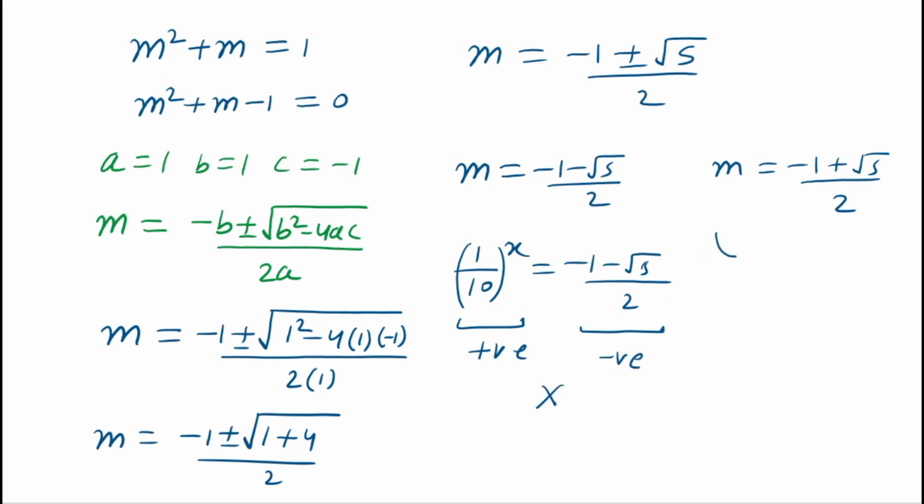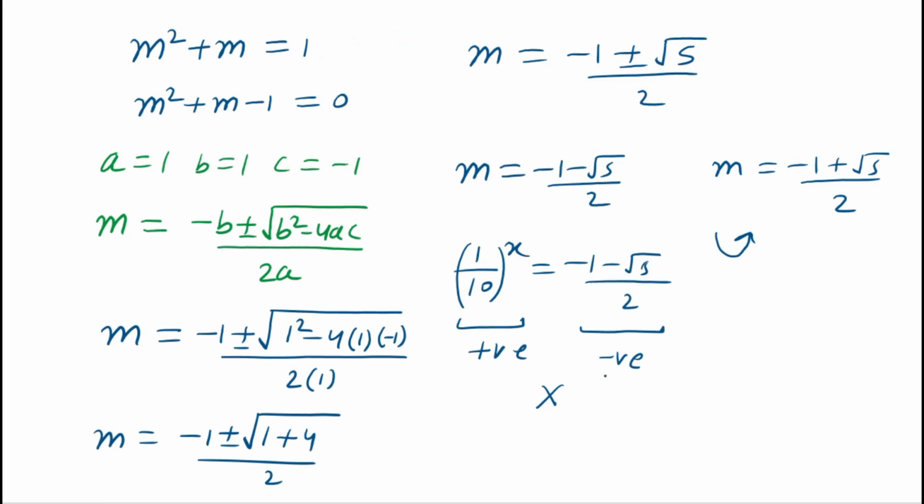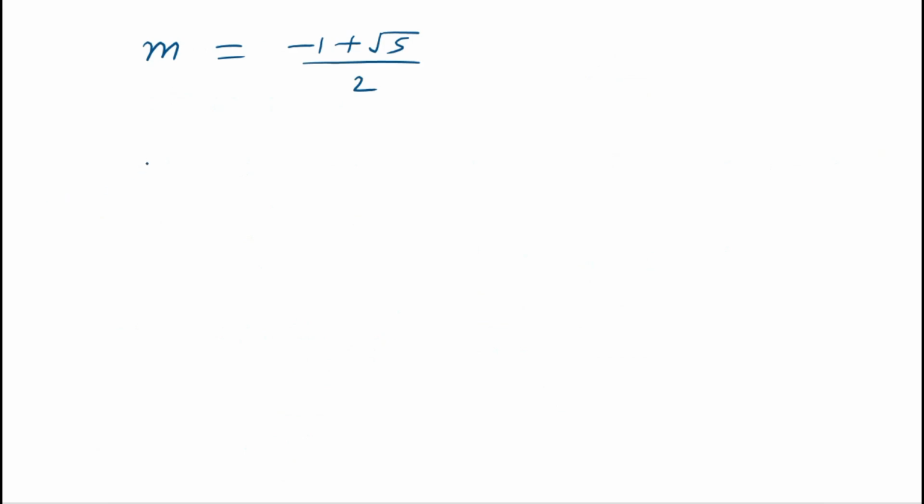The other value of m is equal to (minus 1 plus square root of 5) over 2. And here m is (1 over 10) bracket power x. So (1 over 10) bracket power x is equal to, and we can write this expression as, (square root of 5 minus 1) over 2.